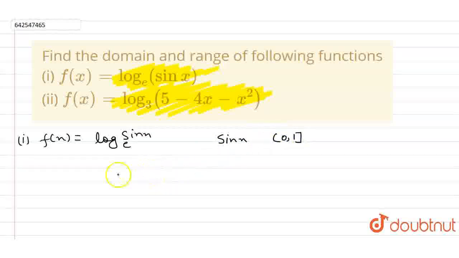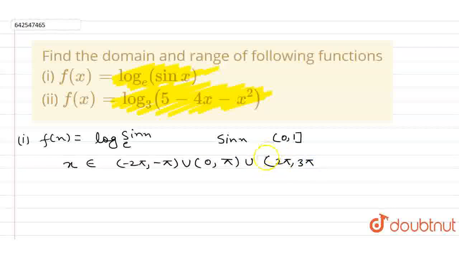So here I can write the domain of this function is x belongs to minus 2 pi to minus pi, union 0 to pi, union 2 pi to 3 pi. Similarly this is our domain, and it continues till plus infinity and also till minus infinity.